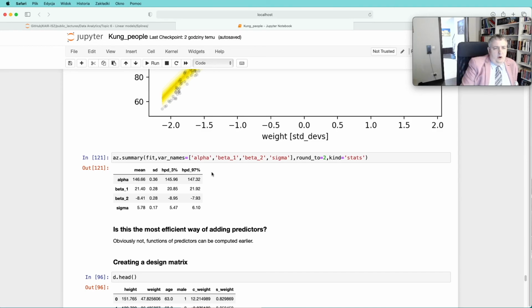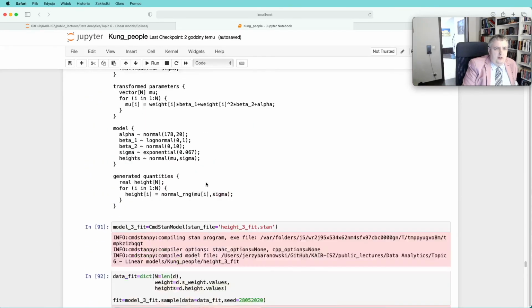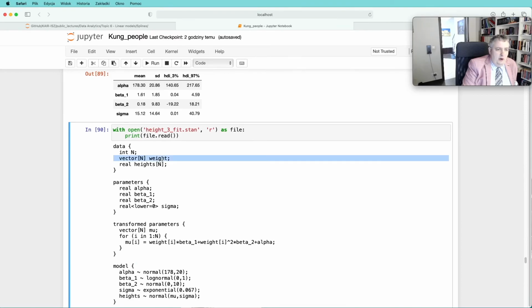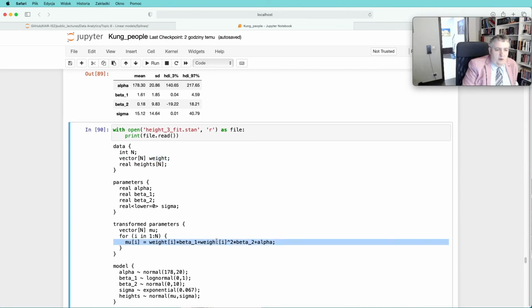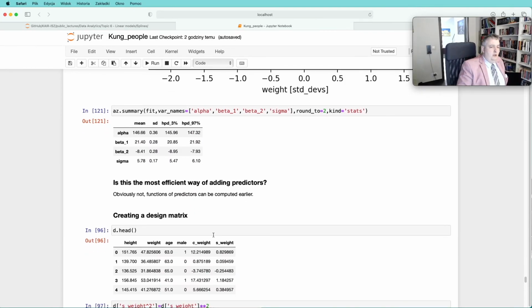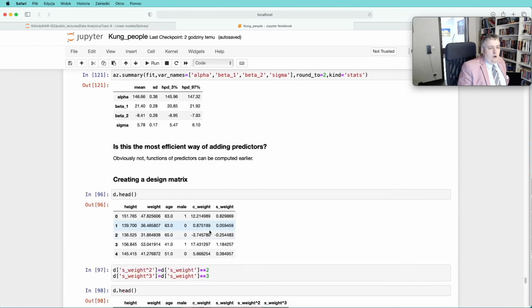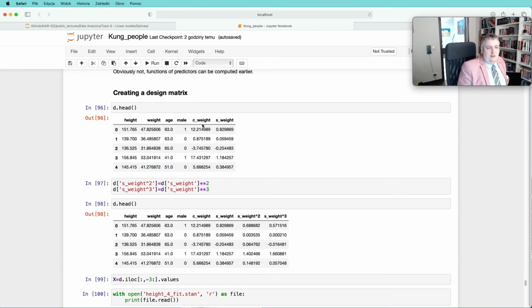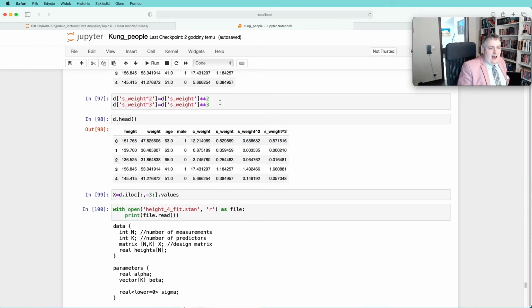So here we've provided our dataset in our model in Stan with weight, and we've computed the square of weights. However, this is not the most efficient way, because we can compute the predictors earlier by so-called design matrices, adding square and third powers, for example, to our original datasets, and setting the design matrix x as a proper part of our data frame, and in this case it will be those last 3 columns.